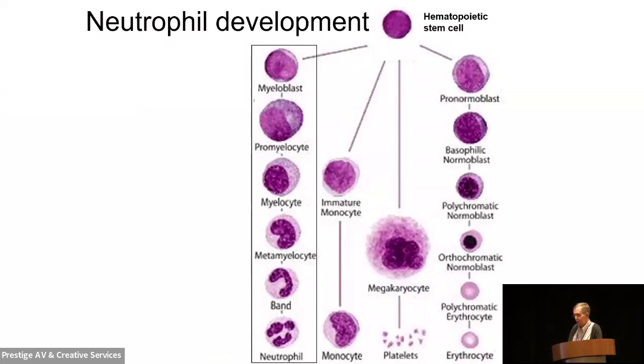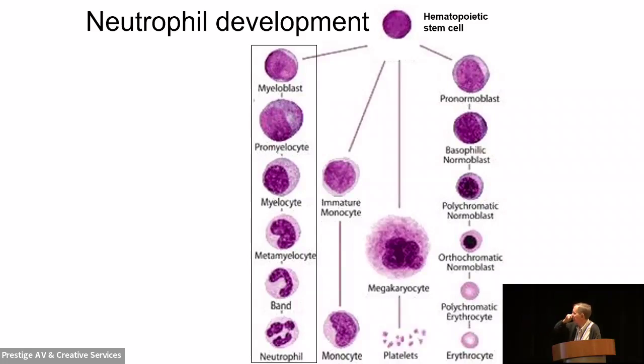So this is how the bone marrow makes neutrophils. All blood cells start out from a hematopoietic, meaning blood-forming, stem cell. And this makes erythrocytes, red cells, platelets, monocytes, and then the neutrophil lineage, and this colorful depiction goes from a myeloblast to a promyelocyte, myelocyte, metamyelocyte, band, and then the neutrophil.